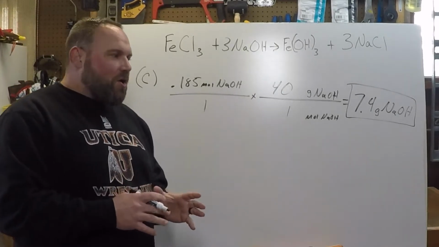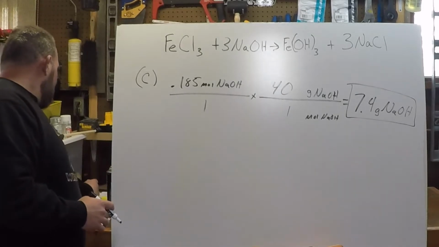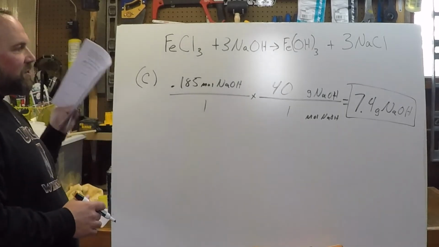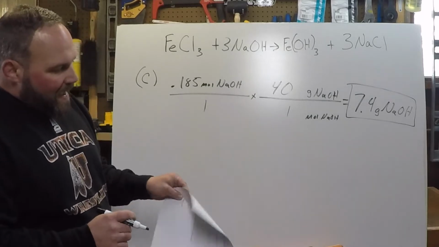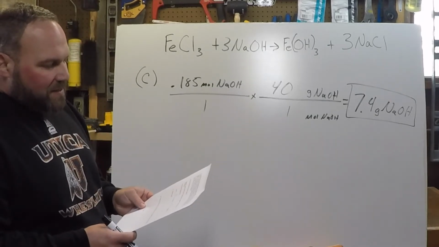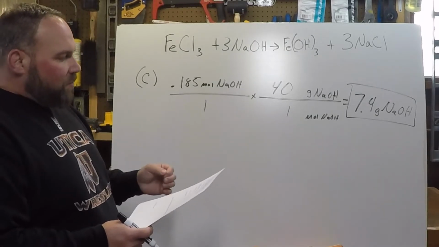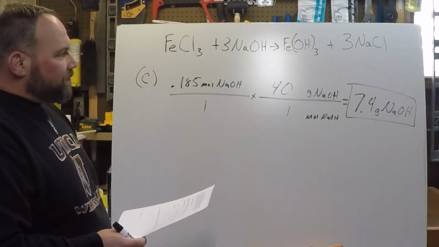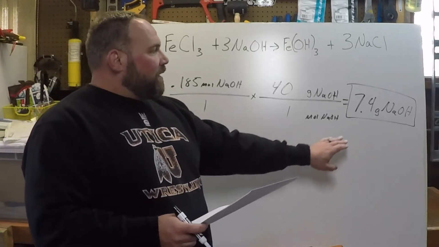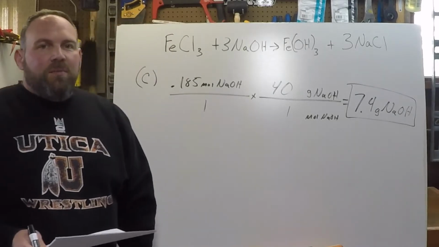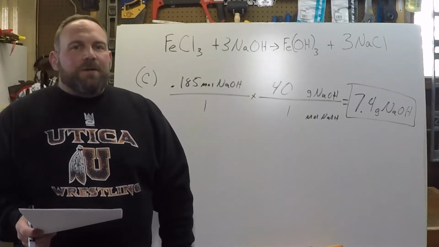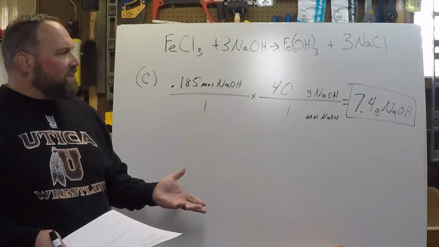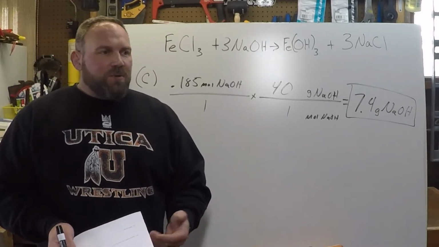Because if you go back to what the question was: what mass of sodium hydroxide is needed to react completely with 10 grams of iron chloride? That would be 7.4 grams of sodium hydroxide. And this is something that we could test in the lab.